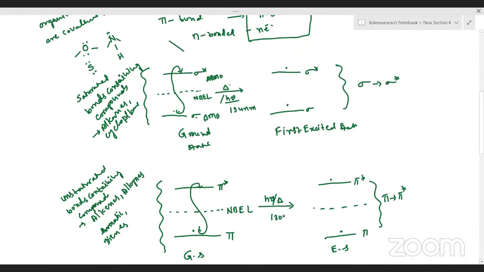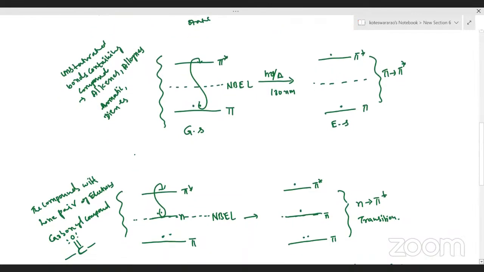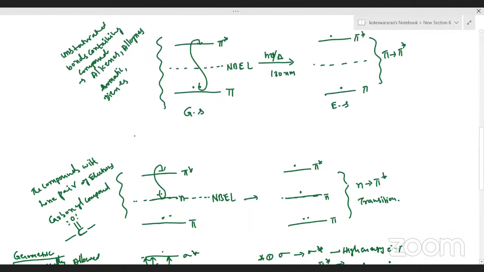Then the n to pi star transition requires approximately 270 nanometers of light. The higher the wavelength, the lower the energy; the lower the wavelength, the higher the energy. Wavelength is inversely proportional to energy.